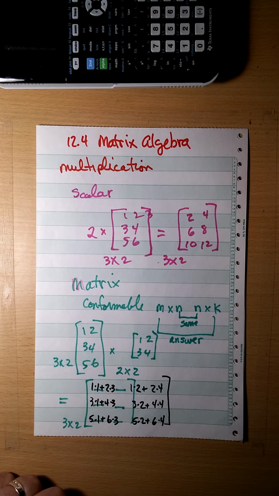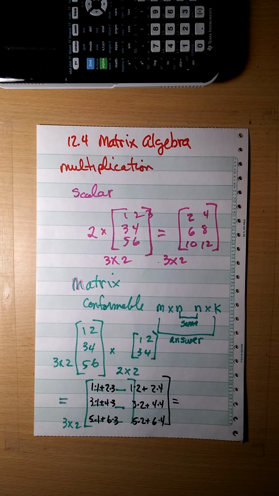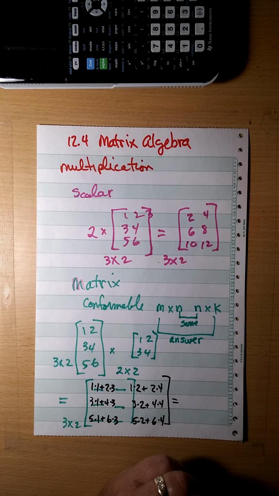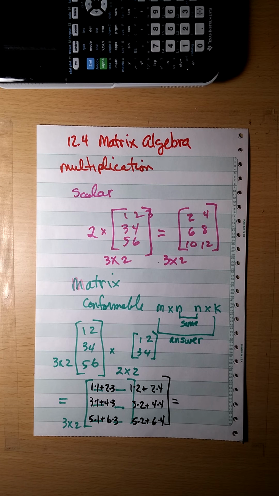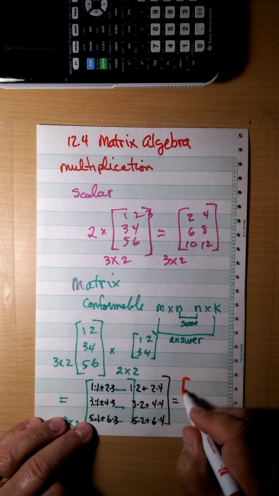And that's matrix multiplication. Of course, you should find your final answer. So together, those are going to be, let's see here. This is 1 plus 6, or 7.